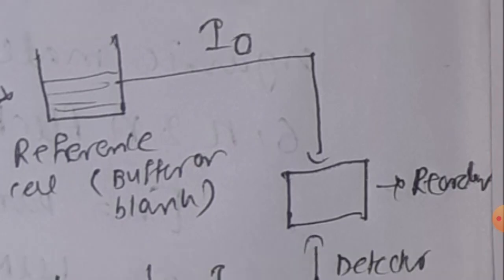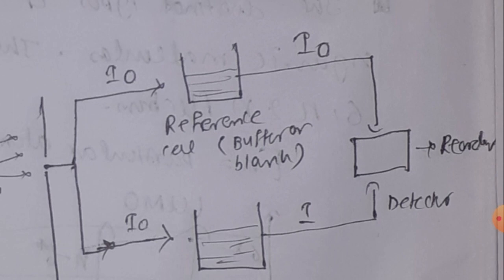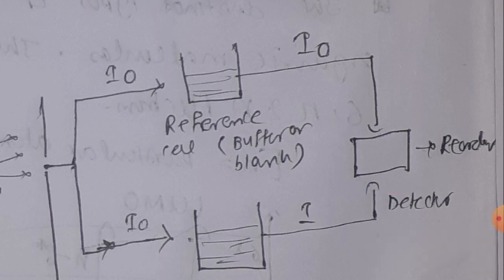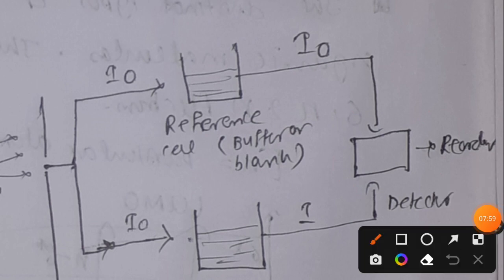So then I0 and I will be detected with the help of a detector, and subsequently recorded. Okay, so now this recording will be in terms of a ratio. This ratio is nothing but the intensity of the transmitted light, that is this one, by the intensity of the incident light, that is this one.